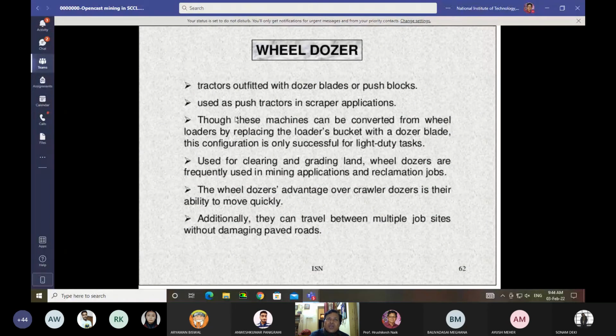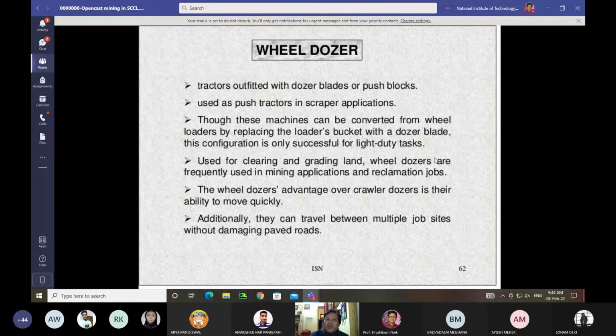These machines can be converted from wheel loaders by replacing the loader's bucket with a dozer blade. This configuration is only successful for light duty tasks. It is used for clearing and grading of the land.